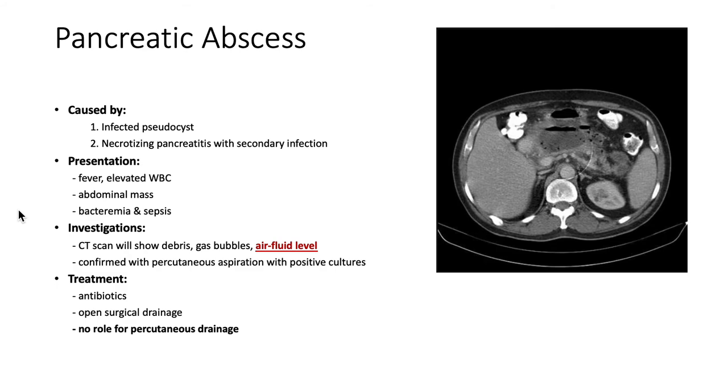The pancreatic abscess, if this pseudocyst is infected, so it's producing infection on top of necrosed tissue. The presentation, as with any infection, is usually fever, elevated WBC, abdominal mass, etc. The investigation is also CT scan, and if there is necrosis, then you can see air fluid levels.